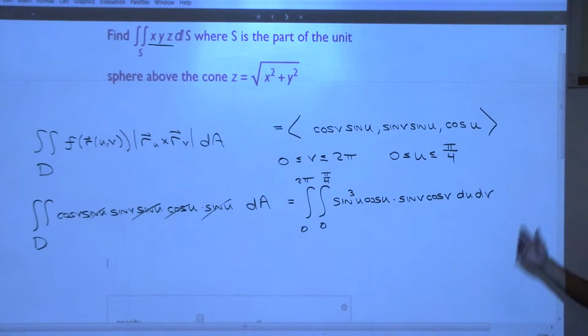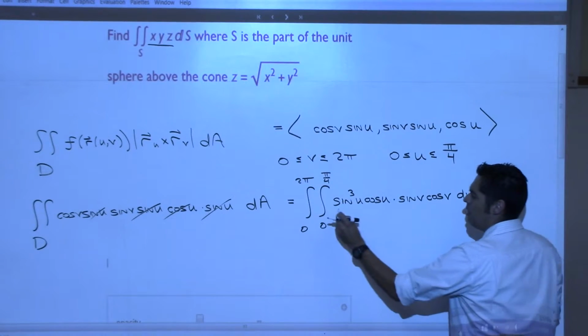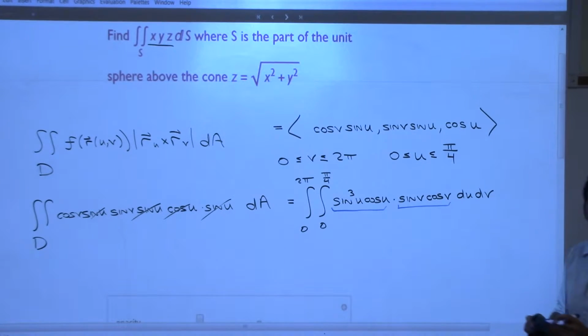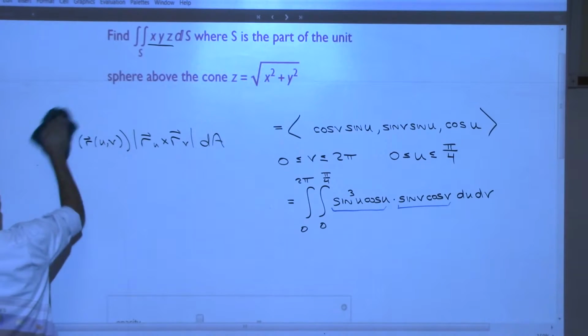And now at this point, we kind of know what we have to do, right? I'm also going to notice here that all my stuff with u's in it can be separated from all my stuff with v's, right? And when that happens, we can split this into two integrals and multiply those two answers together. So I'm just going to do it just to show off that we know what we're doing, right?